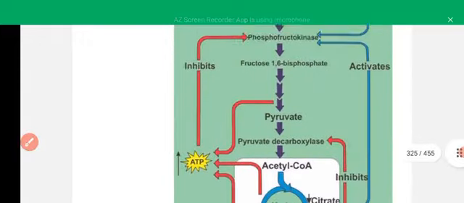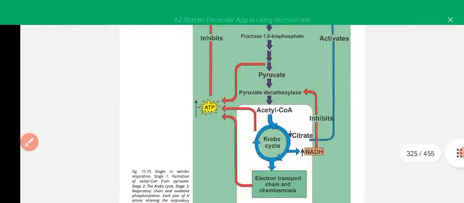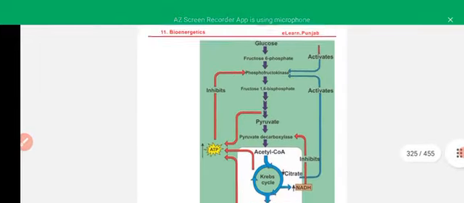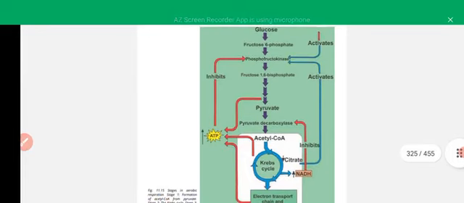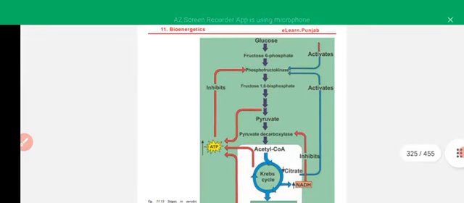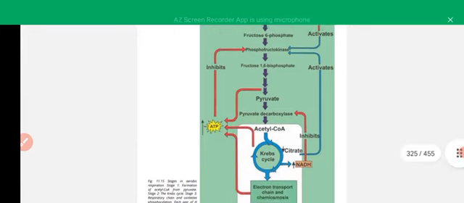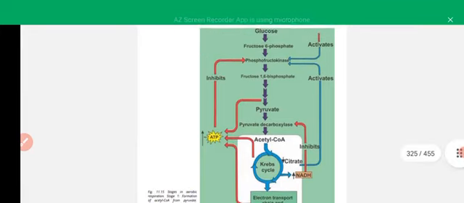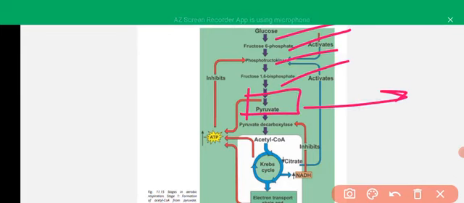Here is the complete summary of glycolysis or the complete respiration process, and here is the important information about which products inhibit which types of reactions. Glucose is converted into fructose 6-phosphate, then by phosphofructokinase into fructose 1,6-bisphosphate, and converted into pyruvate at the end of glycolysis.